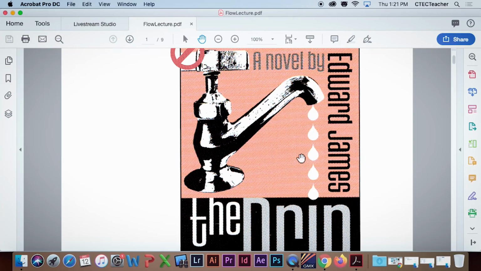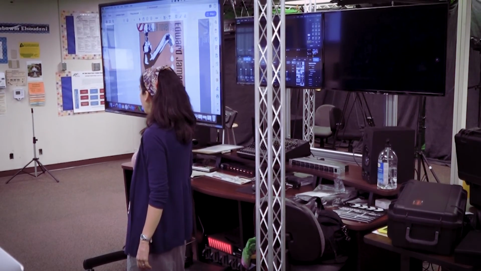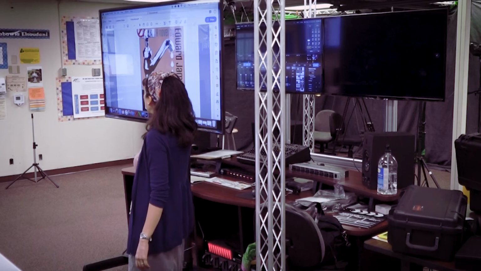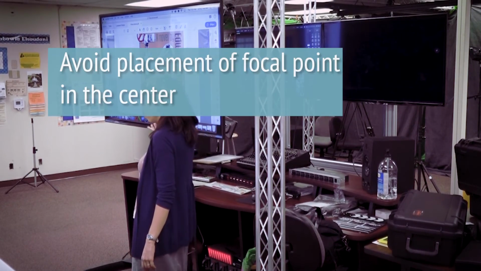Movement, direct the eye to the text. Focal point, does focal point ever go in the center? Well, it is a focal point, but you said you don't want the center left empty. So something's got to be there. Something that creates movement's got to be there, but not the focal point.